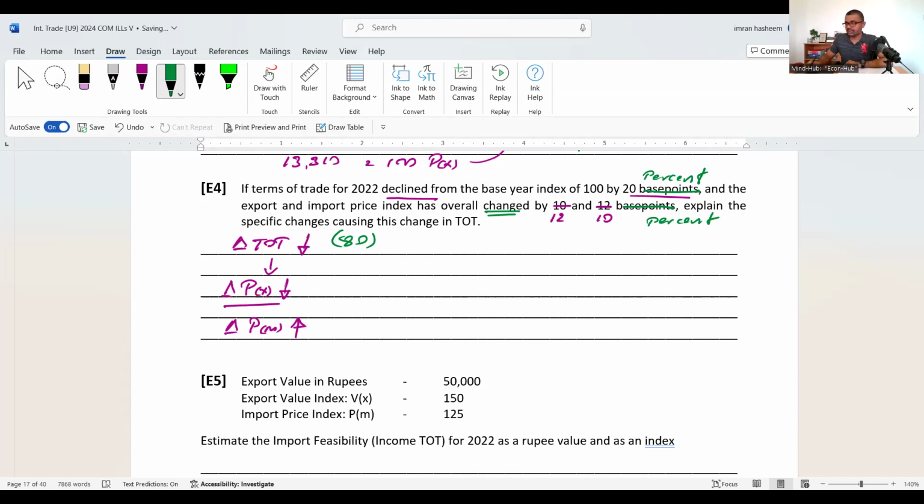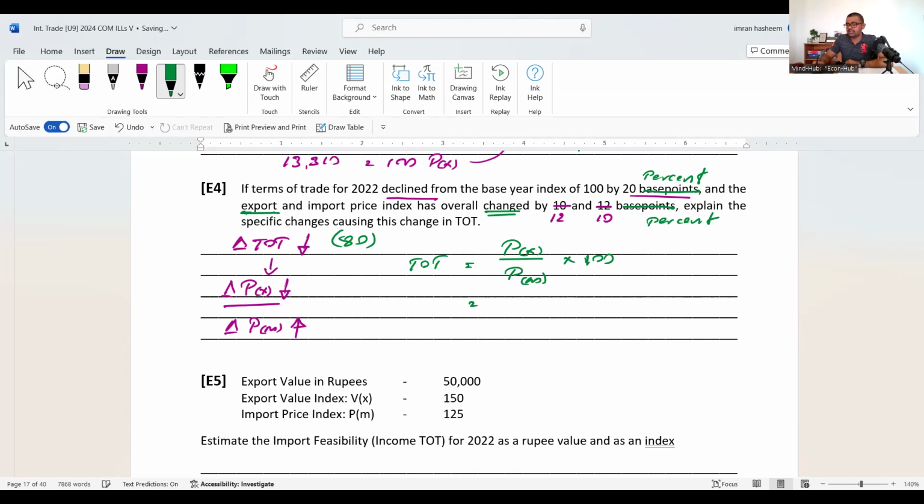Okay, right. So yes, now terms of trade should be 80, no? 20% reduction. So how do we prove this? Let's see if we can do this way. You know the formula, right? Terms of trade is export price index over import price index into 100. First exports, in that order.